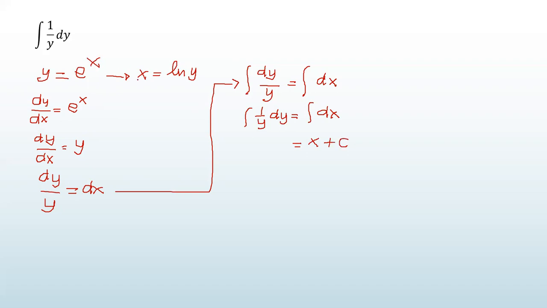Okay, recall that x equal ln y. So we may write x equal ln y plus c. And so integral 1 over y dy, the outcome is ln y plus c.